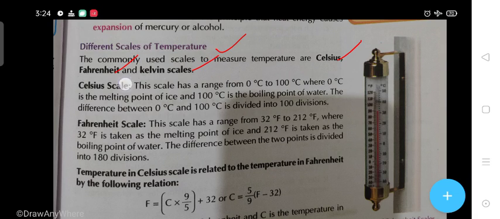First, we talk about the Celsius scale, and the scale has a range of 0 degree to 100 degrees Celsius, where the 0 degree Celsius is the melting point of the ice, and the 100 degree Celsius is the boiling point of the water. And the difference between the 0 degree Celsius and the 100 degree Celsius is divided into how many divisions? Divided into 100 divisions.